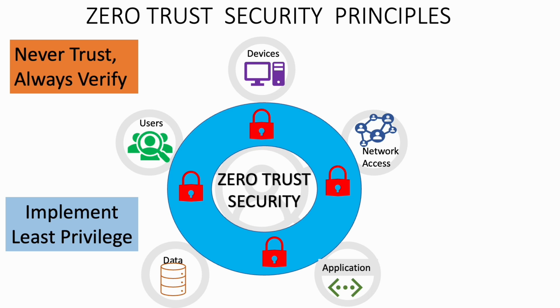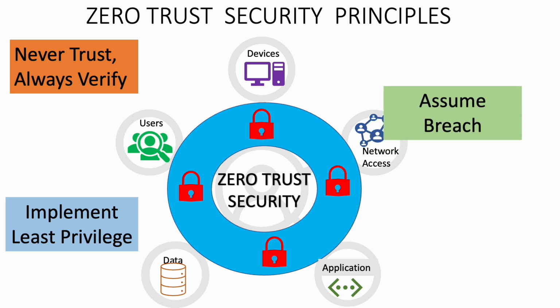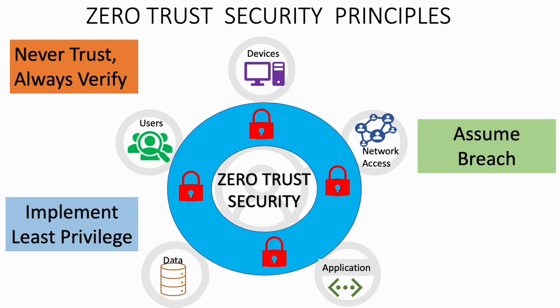That way they don't have any unwanted access to any of the other objects, and the boundary is bounded. And the third and another most important element is that we always need to assume there is a breach or threat already happening, so that we have policies in place for an immediate response to minimize the impact of that breach.